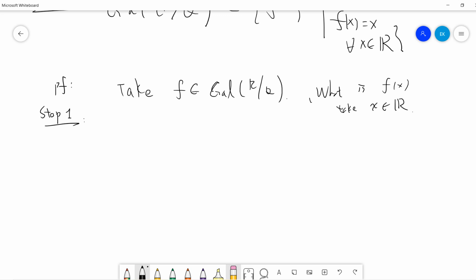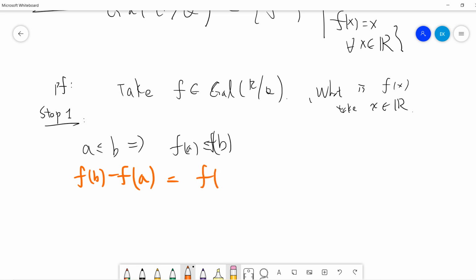Step one, I want to show this: if a is less than b, then f of a must be less than or equal to f of b. The proof is that f of b minus f of a equals f of b minus a, because this is a field homomorphism, and b minus a is also a square root of b minus a squared.